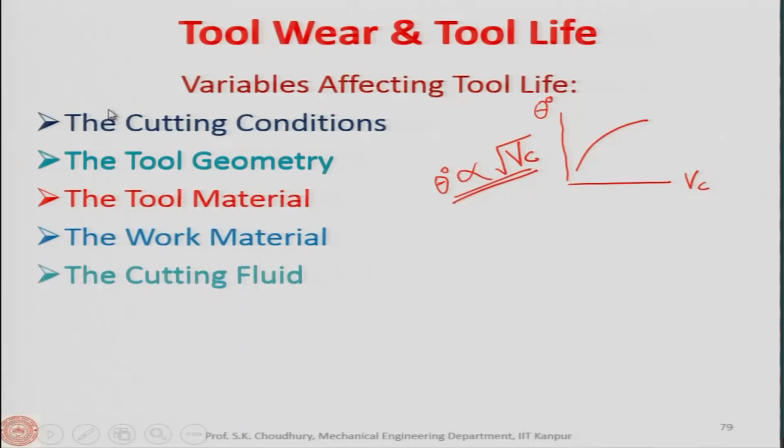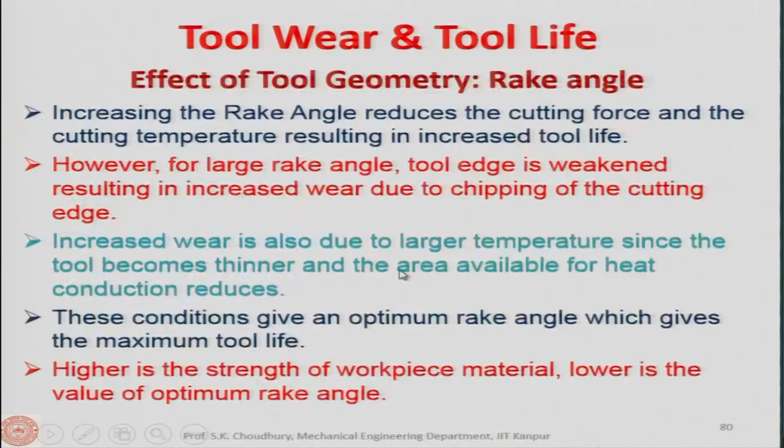Those things we will discuss a little later when we discuss the thermal aspects of machining. So, overall if you see the cutting conditions, tool geometry, tool material, workpiece material and the cutting fluid, all these 5 factors affect the tool life. How do they affect? Let us discuss it now.